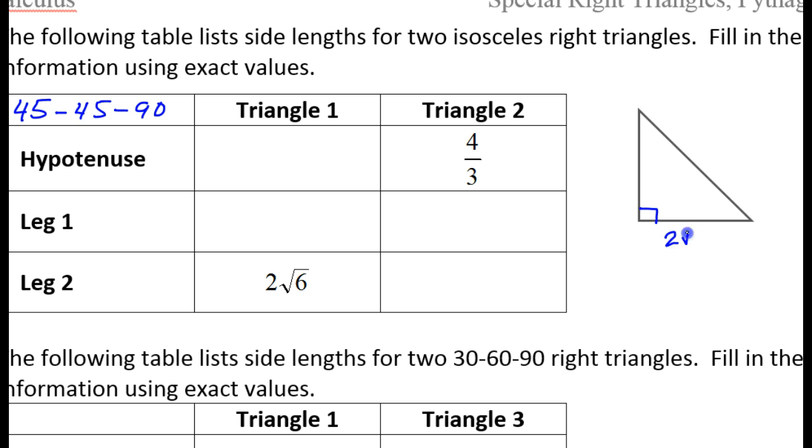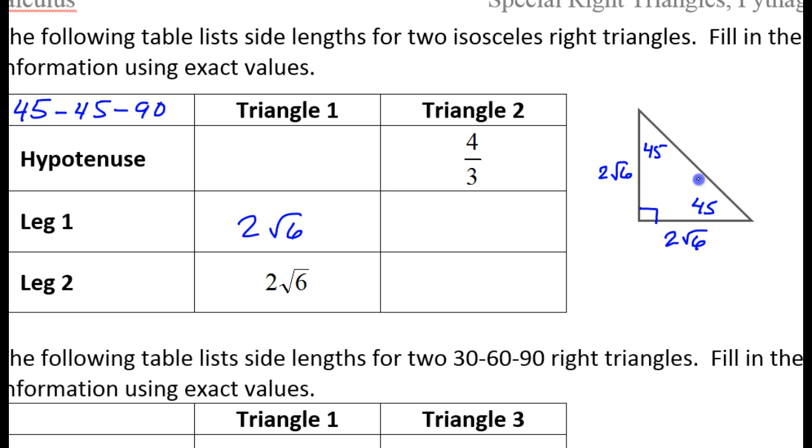So that means that this, for example, is 2 radical 6. Well, in a 45, 45, 90 triangle, let's go ahead and get these 45s in there, it's isosceles. So that means this other leg is also 2 radical 6. So that means this is 2 radical 6 for sure.